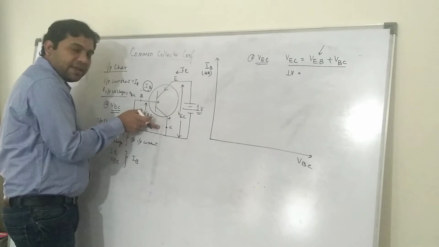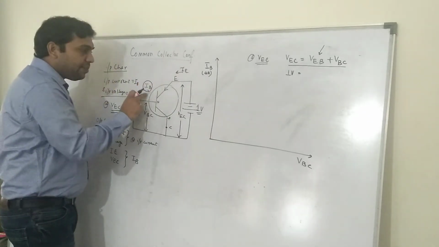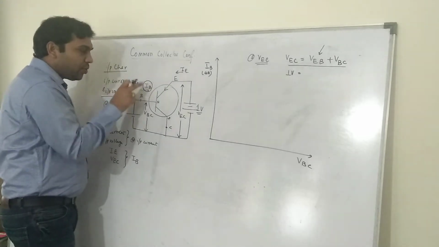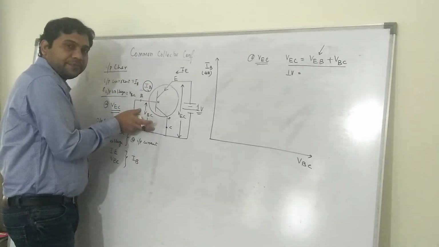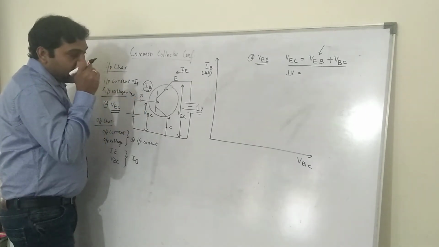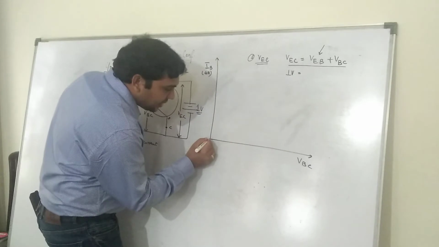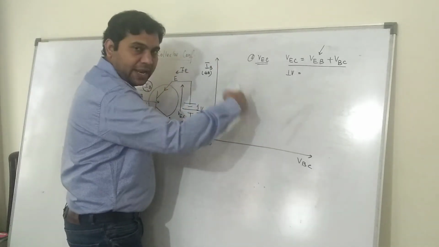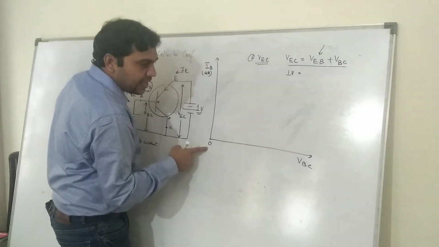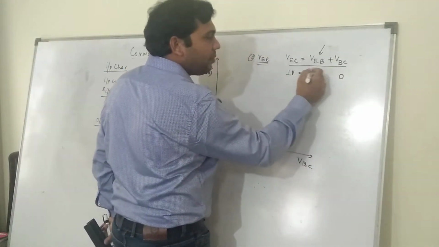Definitely it's decided by VBC also, but we know the relationship between IB and VEB, so that's why we want to calculate IB with respect to VEB. So let's say VEC is constant at 1 volt and VBC is equal to 0 volt. If VBC equals 0, what will be VEB? VEB will be 1 volt.